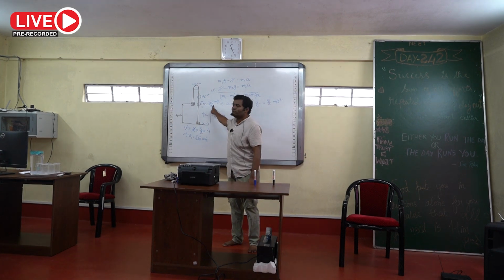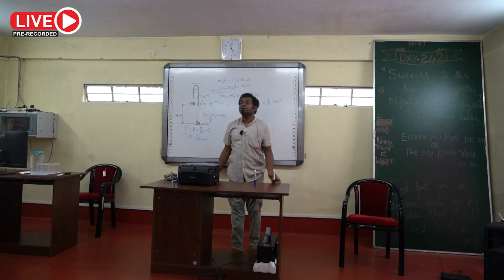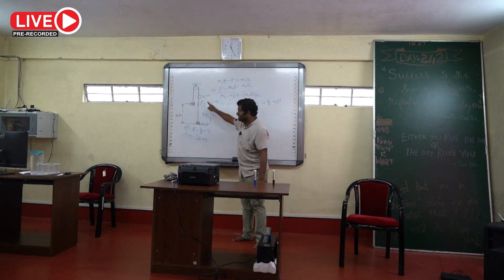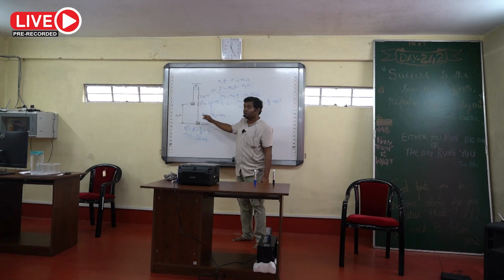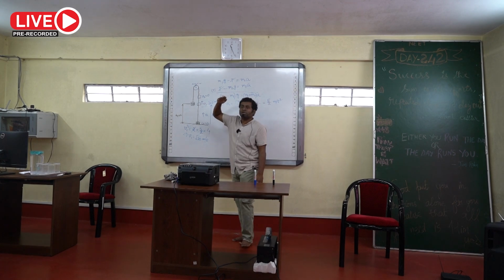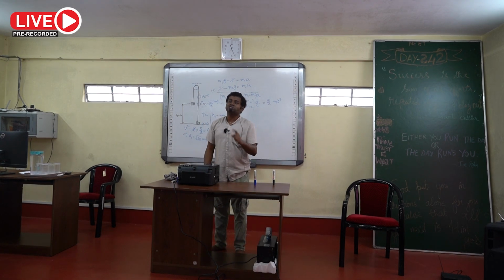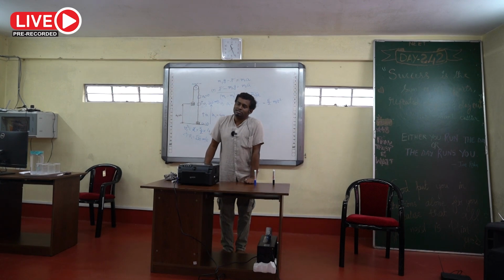So this is now moving with retardation, and the retardation is created by gravity alone, because up to 4 meter this acceleration is present, but once it reaches the 4 meter it will go further. As soon as it goes further, the string is no more stretched, and an unstretched string cannot apply tension force.